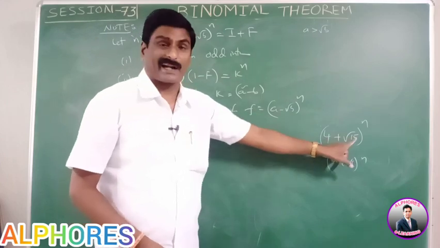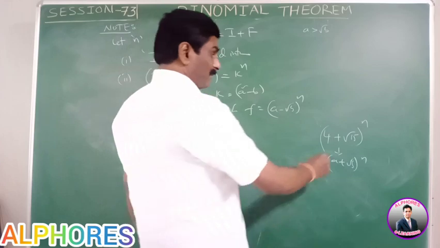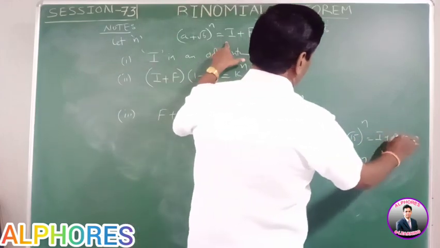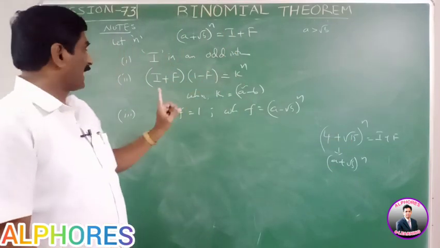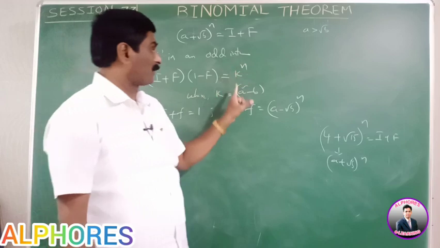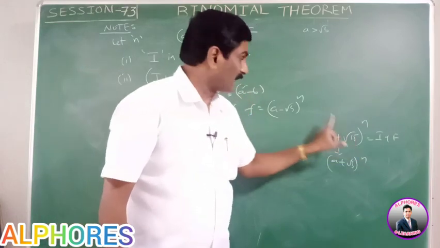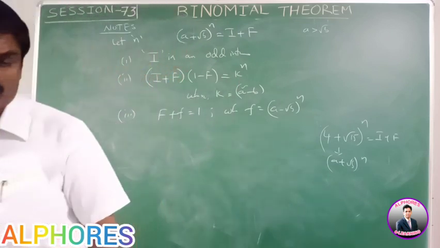Please observe this value: 4 is greater than root 15. And at the same time, it is in the form of (a plus root b) whole power n is equal to I plus F. In this case, what is the I? Directly, the answer is an odd integer. And (I plus F) into (1 minus F) is equal to k power n, where k is a square minus b. A square minus b means 16 minus 15, that means 1. The direct answer is 1. Okay. Please note that value.